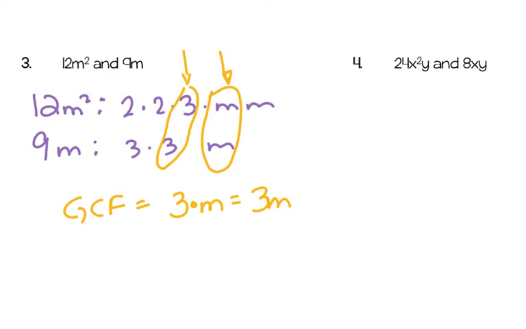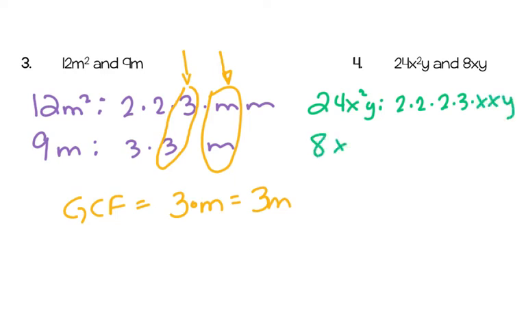So let's try this with 24x squared y and 8xy. If you want to pause the video and try this and just see if you get the right greatest common factor. Okay, what you should have done is you should have listed out 24. I can say it's 4 times 6. So 2 times 2 is 4, and then times 6, and then x times x and y.